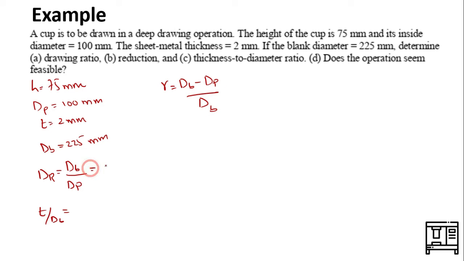So we know that the drawing ratio is DB over the punch diameter, that is 225 divided by 100, and the thickness to diameter ratio is the thickness 2 millimeter divided by the blank diameter 225, and the reduction ratio is 225 minus 100 divided by 225. So you can calculate these values.